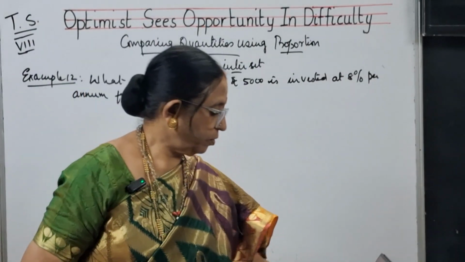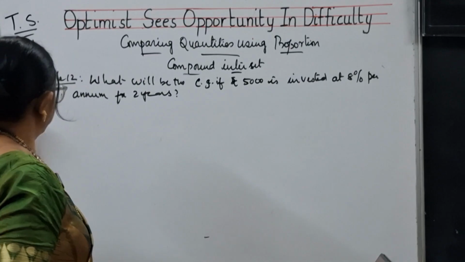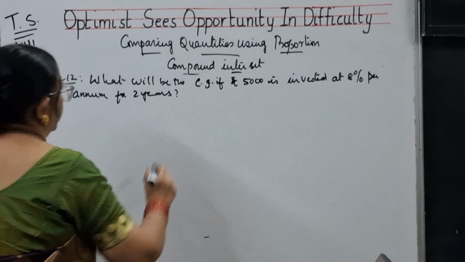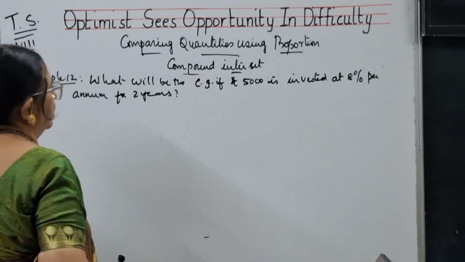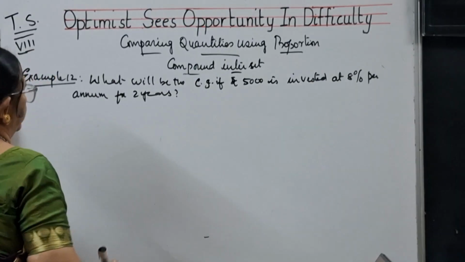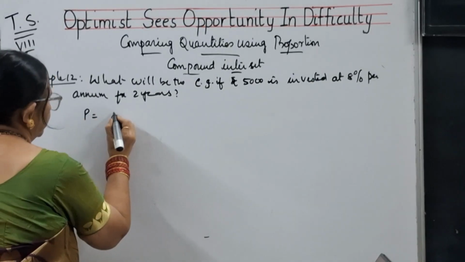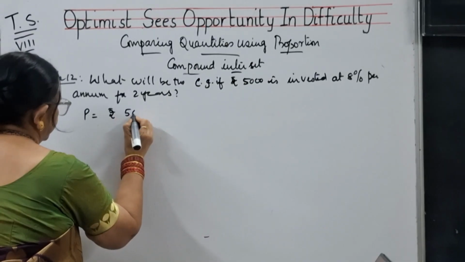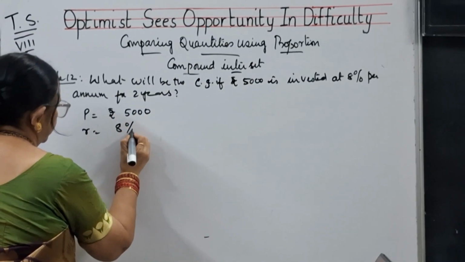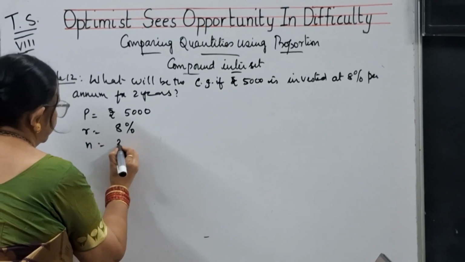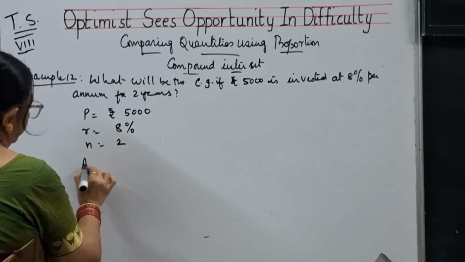Now children, we are going to do example 12. What will be the compound interest if rupees 5000 is invested at 8% per annum for 2 years? So what is principal given? Rupees 5000, and rate is given as 8% and n is given as 2. We want amount.